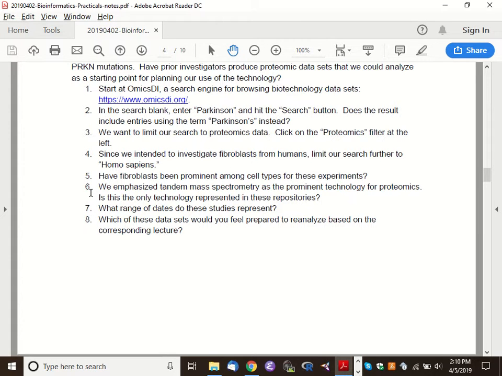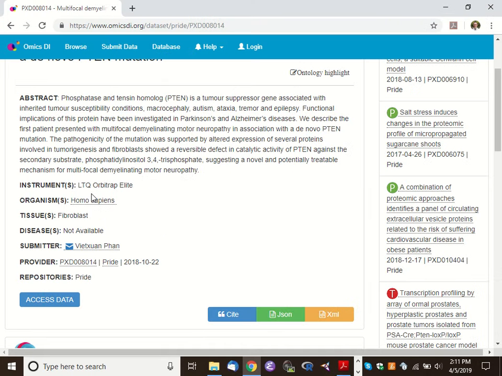So we emphasize that tandem mass spectrometry is a prominent technology for use in proteomics. Is it the only technology represented in these repositories? So we might start by asking that of this experiment, right? This is the one that was most directly relevant by showing up under fibroblasts.